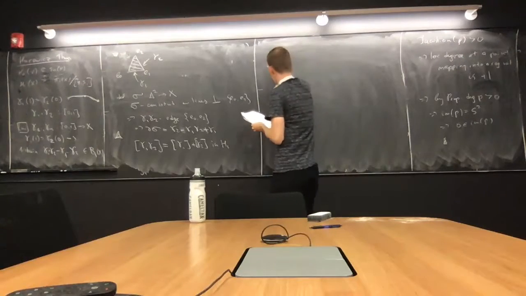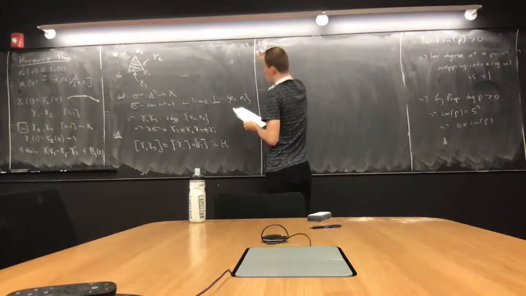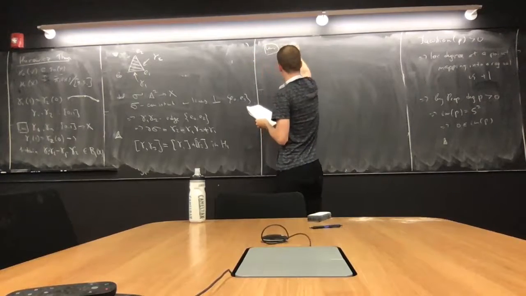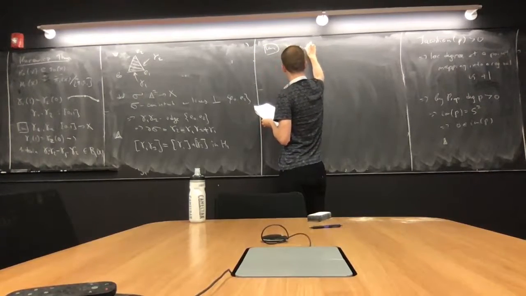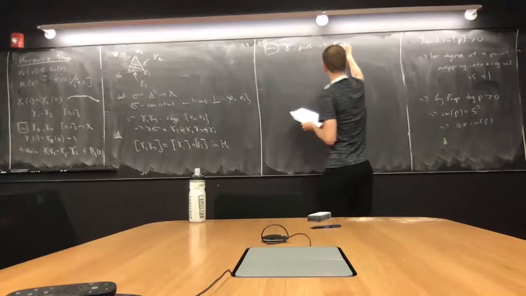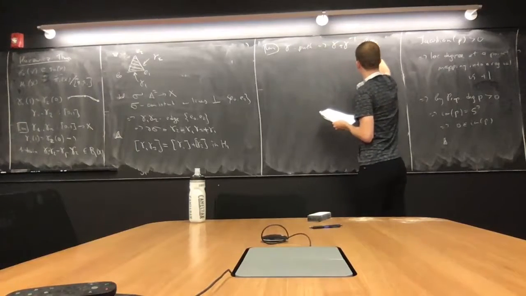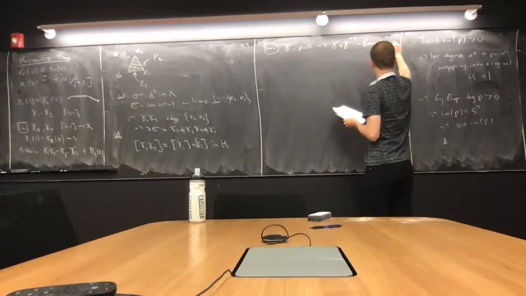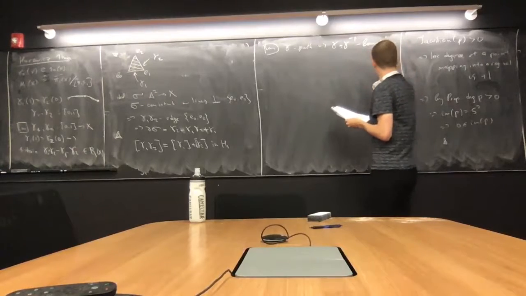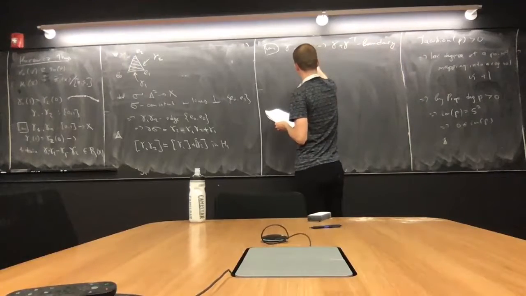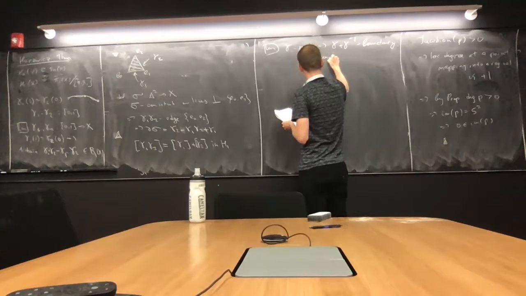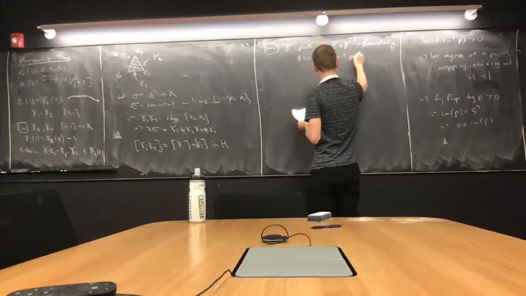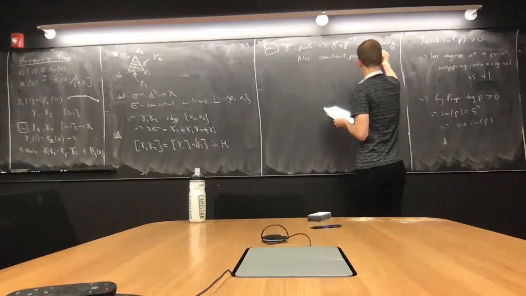Okay, so another lemma, just a corollary of that basically. If gamma is a path, then gamma plus gamma inverse is a boundary. And also the constant path is a boundary.